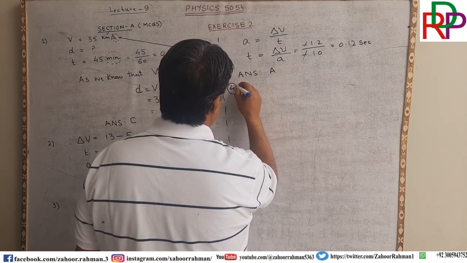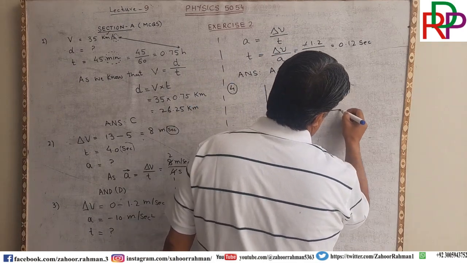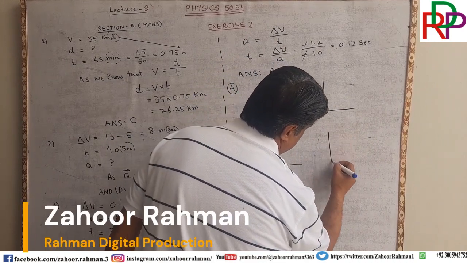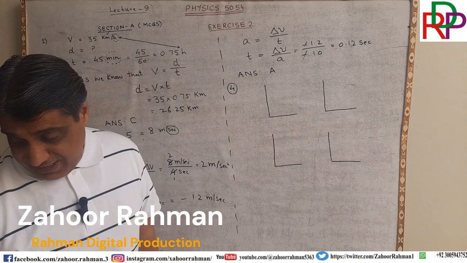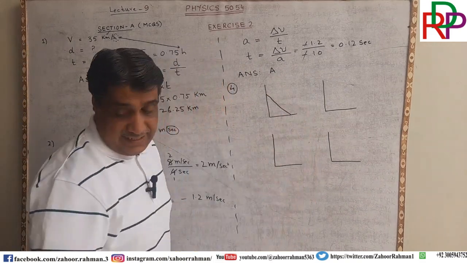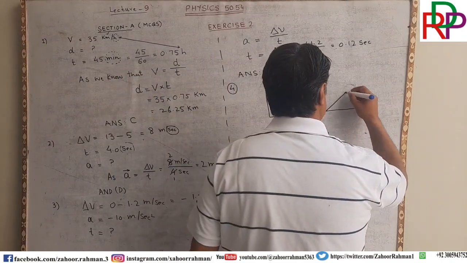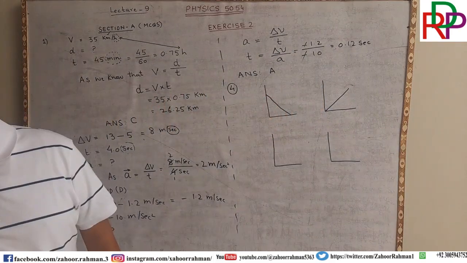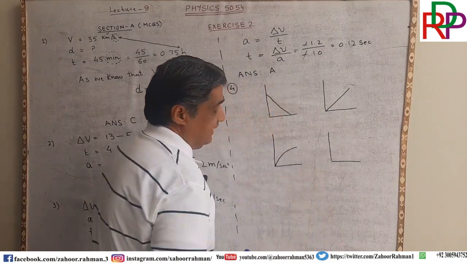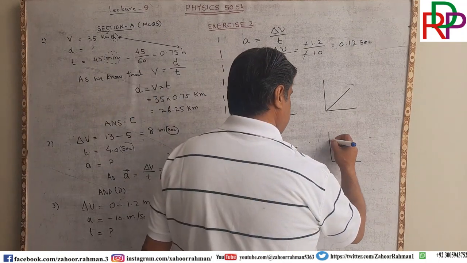Now we are doing question number 4. They have given us 4 different graphs. We talked about the velocity time graph in greater detail. First, this is option A, and then they have given us this one, and in C they have given us this graph, and in D they have given us this graph.